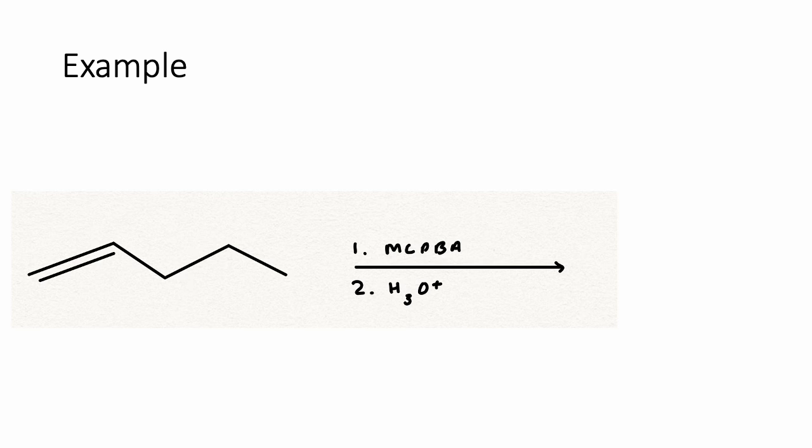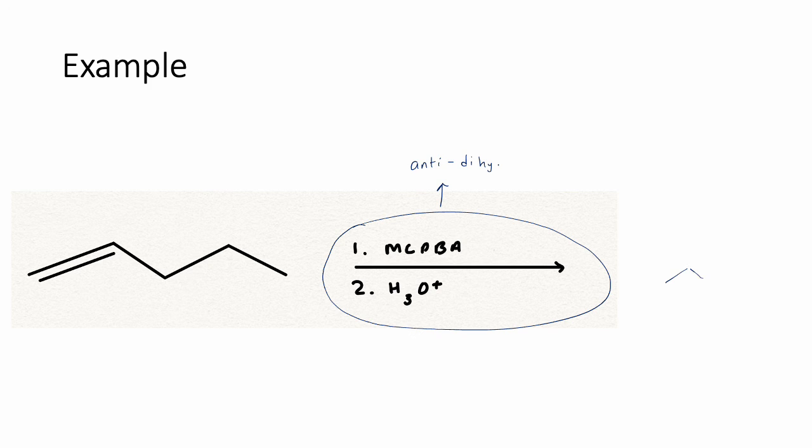So let's do one more example to solidify our understanding of the material. Here we have the reagents used for anti-dihydroxylation. And so that means we're going to add two OHs across the double bond in an anti-fashion.